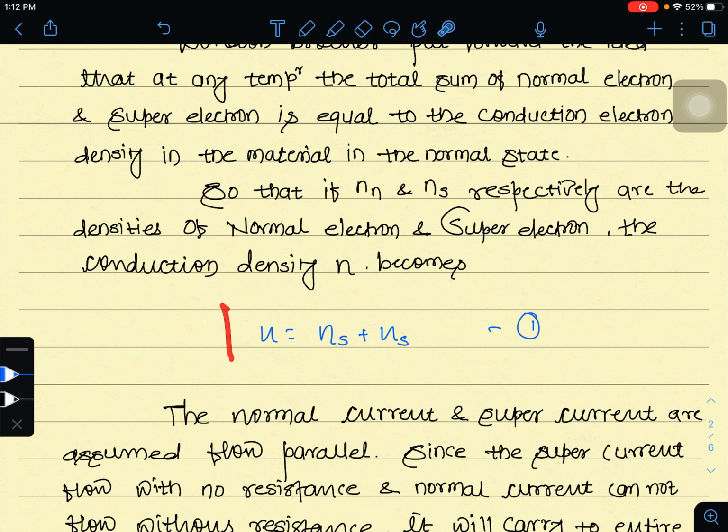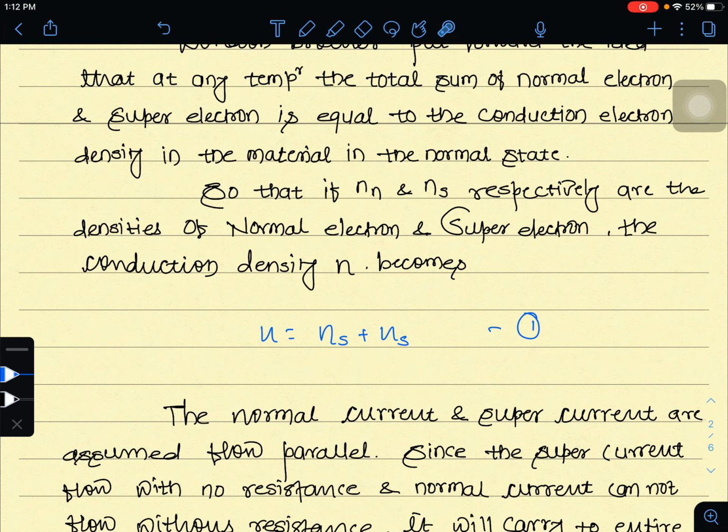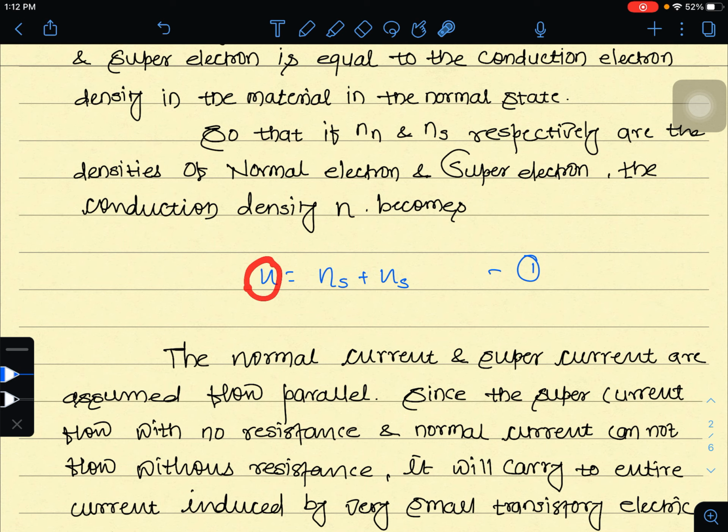Now let us see, we are getting a clear idea with the help of this equation. Suppose consider this n, it is the density of conduction electrons, and this first one is nn.